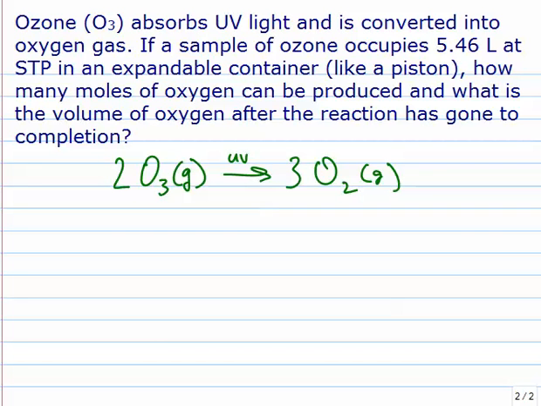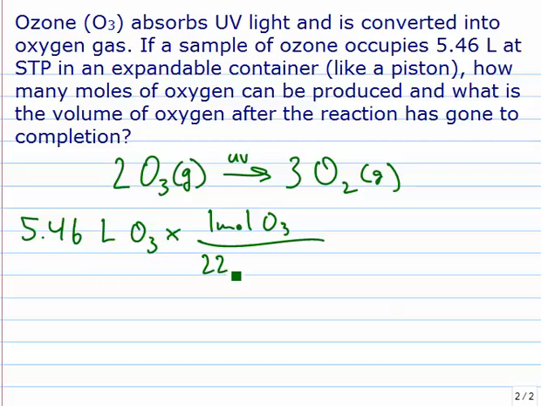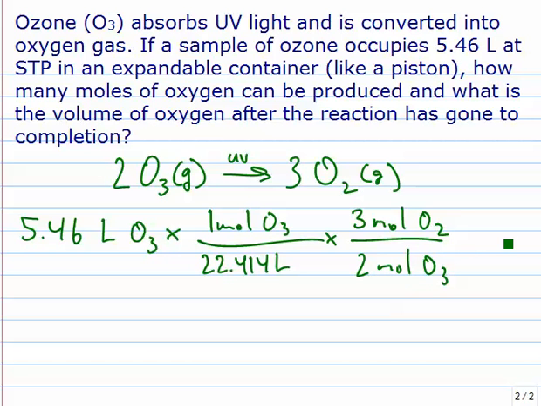So to calculate the moles of oxygen that we can produce here, we are going to use Avogadro's law and the standard molar volume. So we're going to start off with our volume, 5.46 liters of ozone. We know that 1 mole of ozone, or any gas, occupies 22.414 liters. So this will give us moles of ozone, and now we can convert this to moles of oxygen: 3 moles of O2 for every 2 moles of ozone that reacts.